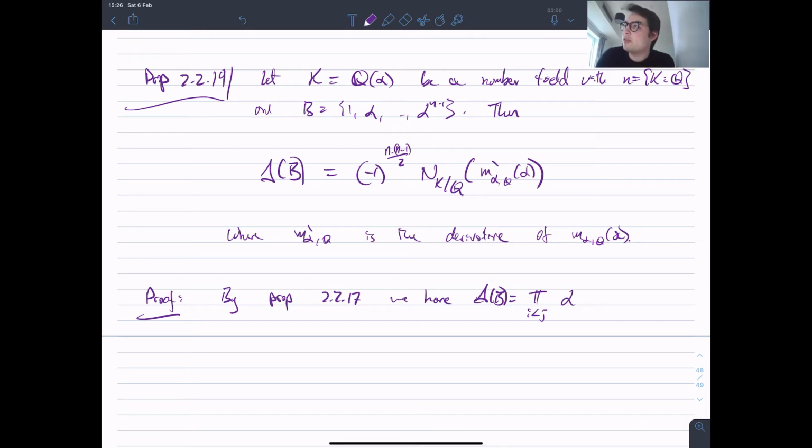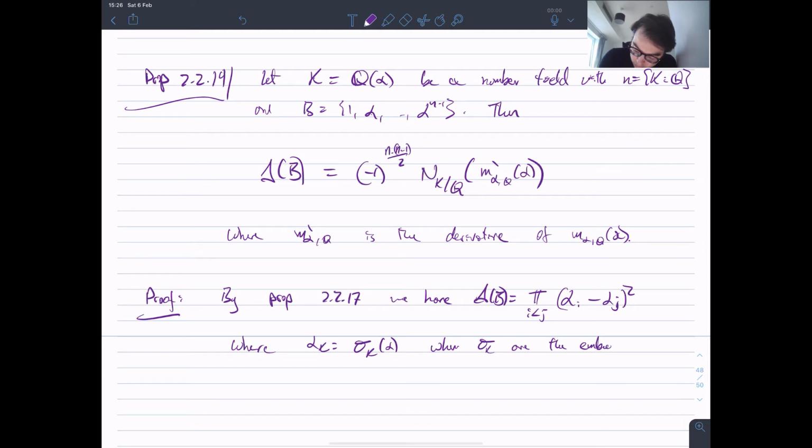I decided to implement some notation here, so I'm going to use alpha i minus alpha j squared, where alpha k is sigma k of alpha, where sigma k are the embeddings.